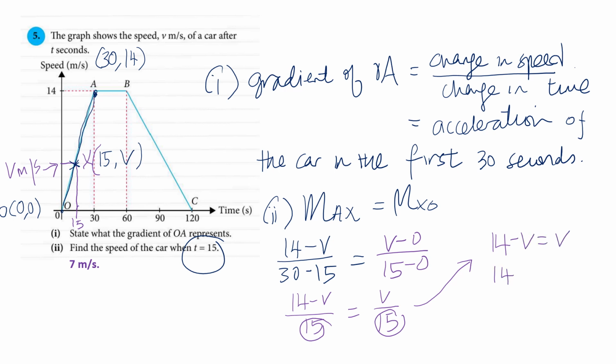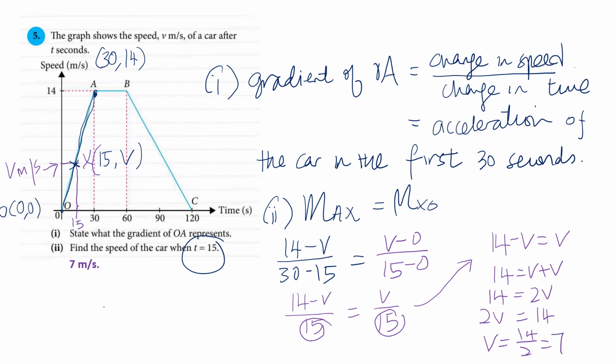So 14 equals v plus v, so 2v equals 14. Whatever we need to find, we put on the left hand side, so we change the position. Therefore v is 14 divided by 2, which gives you 7.